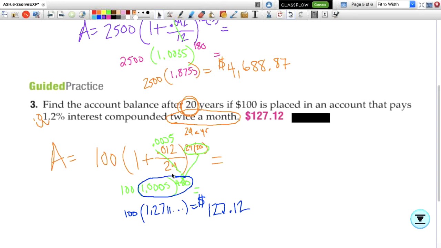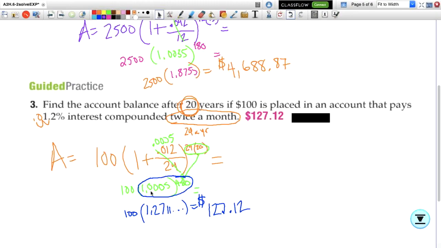Divided by 24, because it's happening 24 times in a year, twice a month for a whole year. Then I brought that n value out here, because remember, it's n times t, so it's 24 times the 20 years invested. Next, I went and simplified inside my growth here. So it's 1.00005. Then I multiplied these two things together to get my 480.